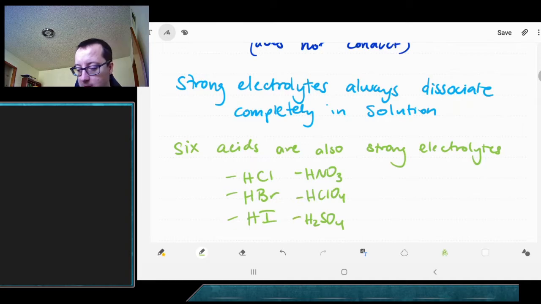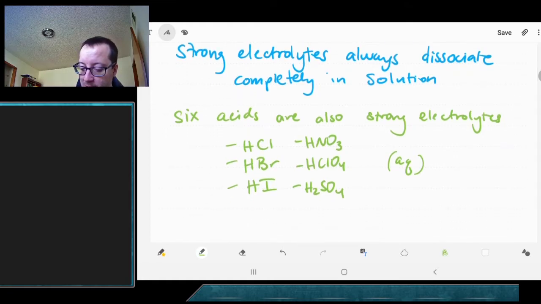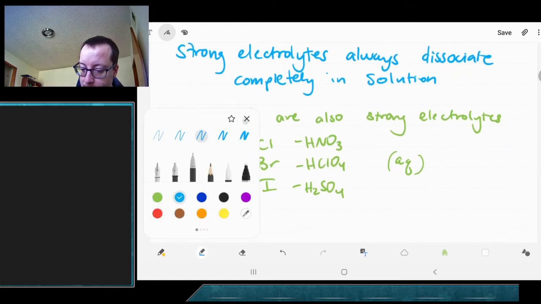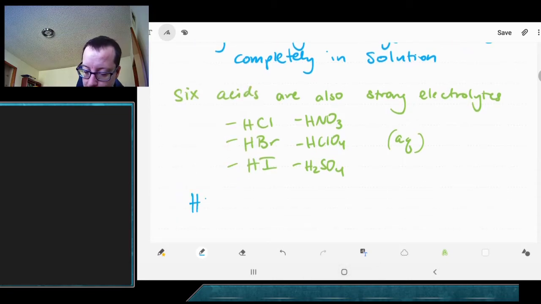So these 6 acids are all going to be strong electrolytes. I'm just going to put one AQ here. All of these would be aqueous, right? And that means in solution. For example, this will break apart fully into hydrogen ions and bromide ions in solution.